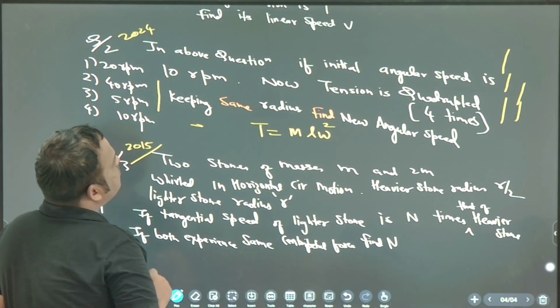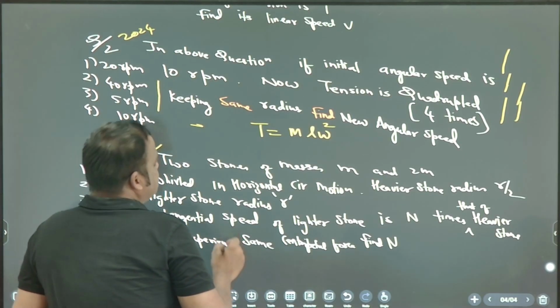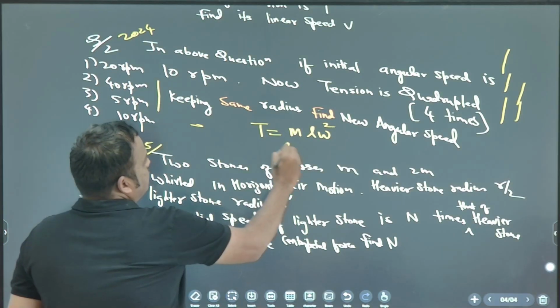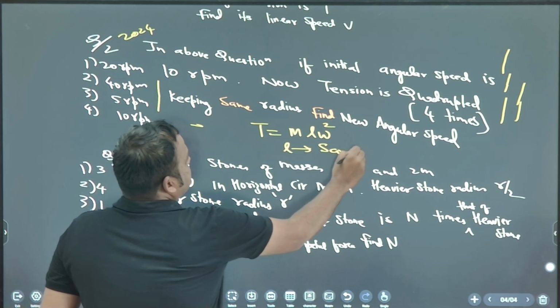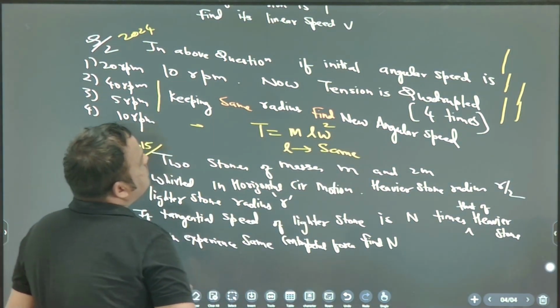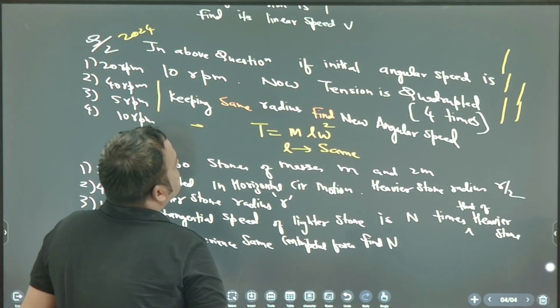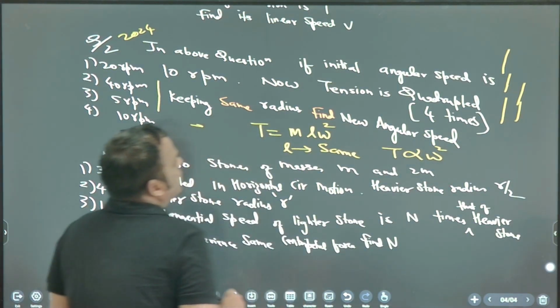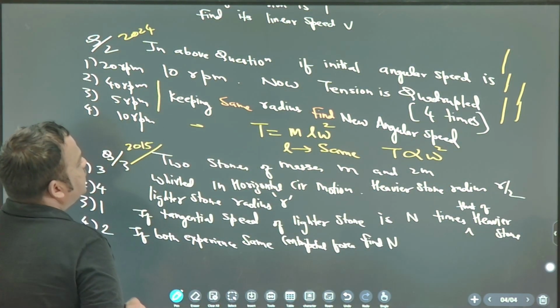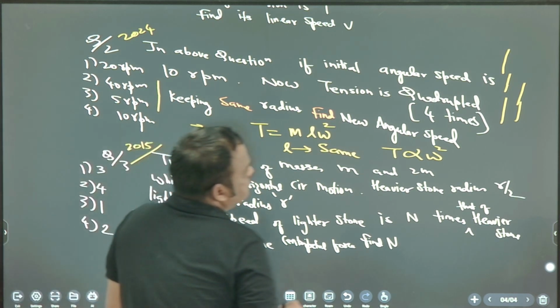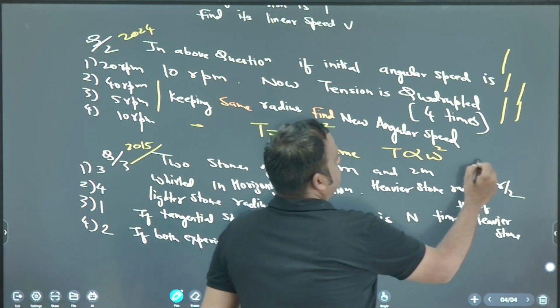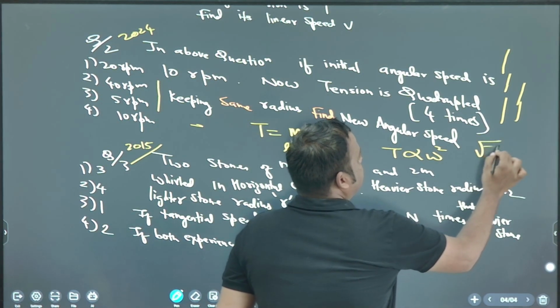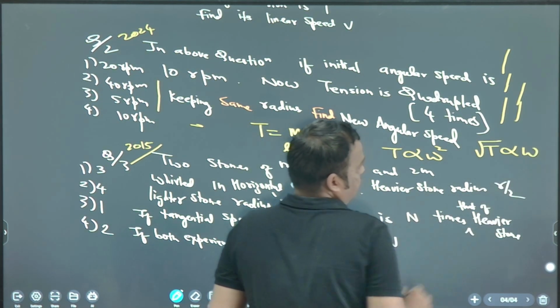Now tension becomes 4 times. Radius same, so L is same. Mass is same. So T is directly proportional to omega square. Now tension becomes 4 times. So square root of T is directly proportional to omega.